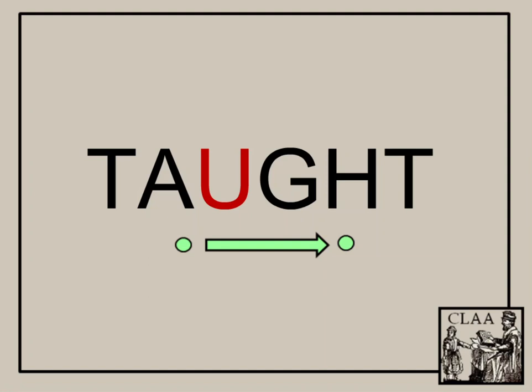This is another irregular word, and we read it as taught, taught. Here, the A and U are read as aw in Paul, and the G and H are silent. It's another wacky, irregular English word.